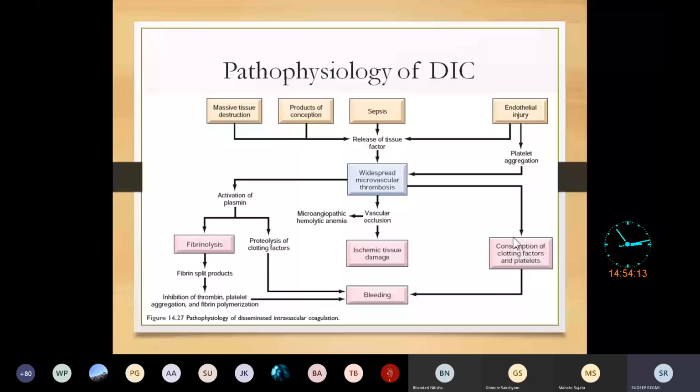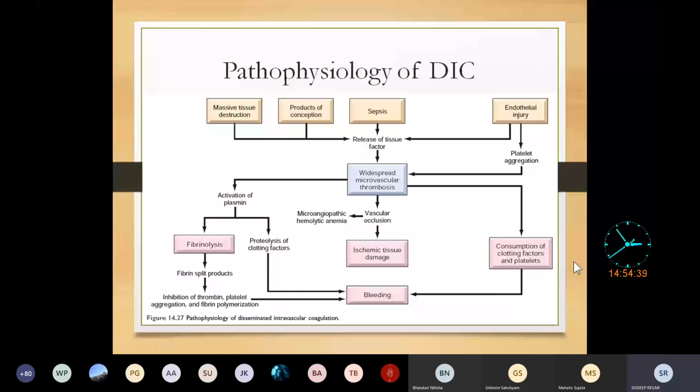Now we can correlate this with the laboratory features. Due to the consumption of the clotting factors and the platelets, bleeding time will be increased, PT will be increased, APTT will be increased, and thrombin time, TT, will also be increased.